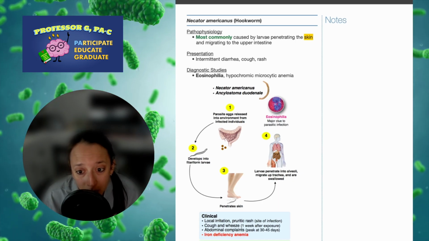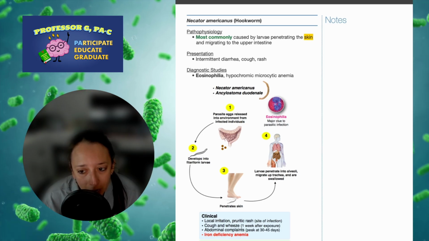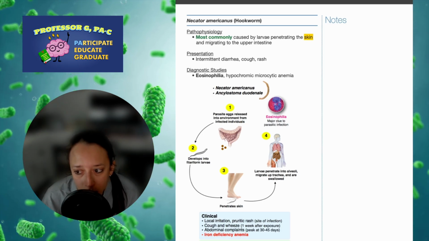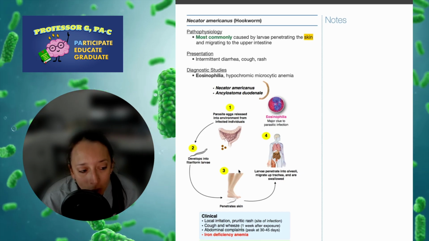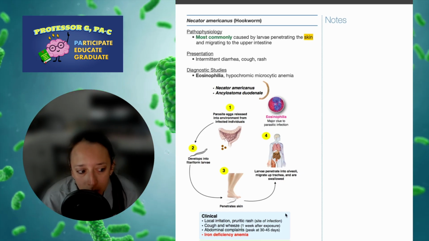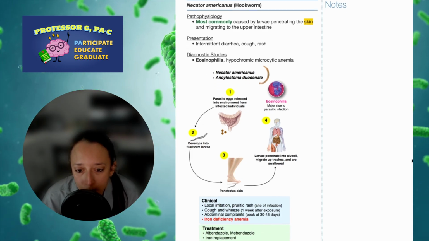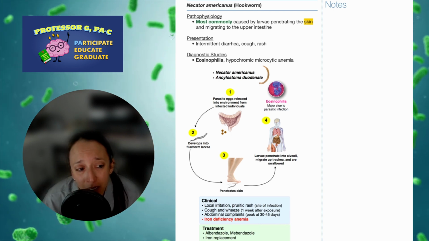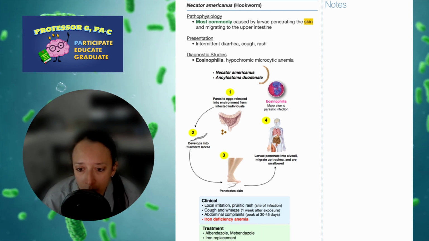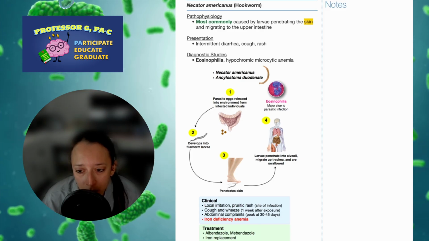And lab findings, think eosinophilia. They also might have a hypochromic microcytic anemia due to blood loss. And you'll want to see that classic rash. It looks like a worm under the skin. Look for that. And then think about it in kiddos, like in sandboxes or things like that. The treatment is going to be albendazole or mebendazole.